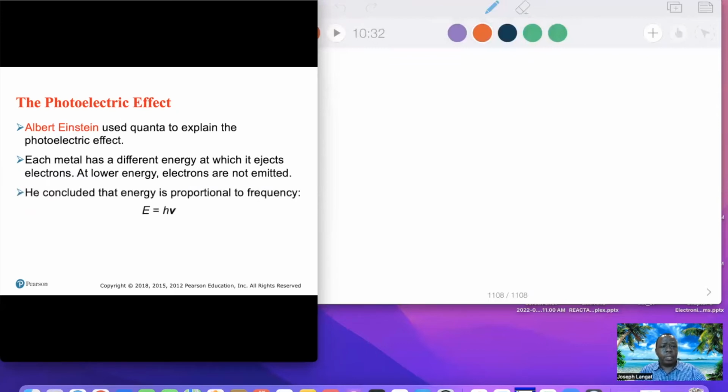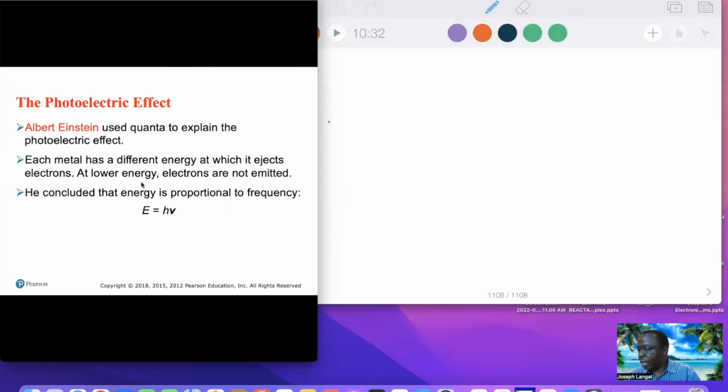The photoelectric effect simply states that when light is shone on a metallic surface, electrons are emitted, and each metal has a different energy at which electrons are ejected.